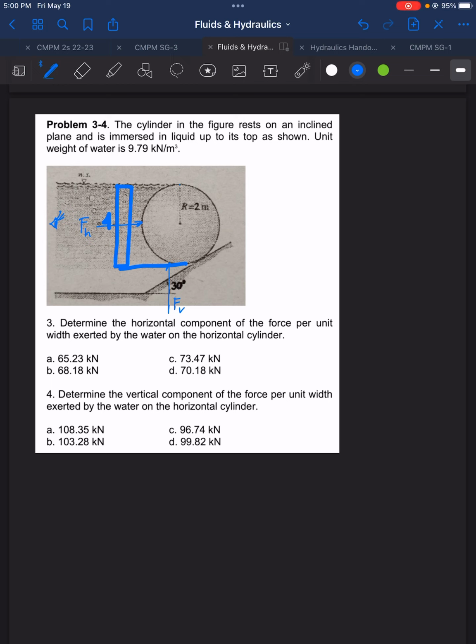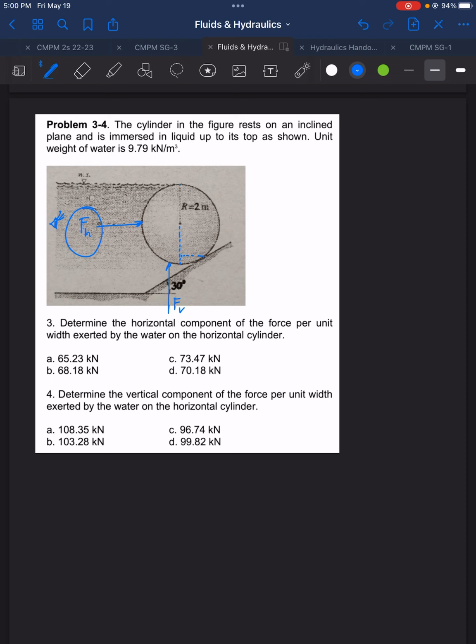Now, we should not forget that there is a small portion here, since the point of contact of the cylinder is on an inclined plane. So we can see here that, or let's just erase it. So we can see that there is a portion here that is to be considered as well, to be deducted. Why deducted?